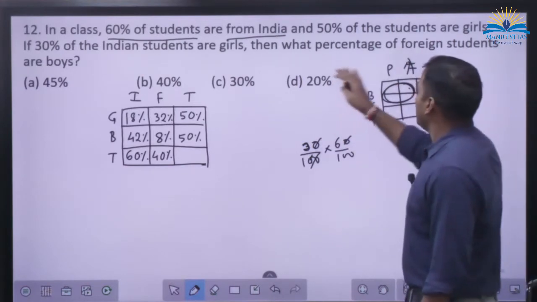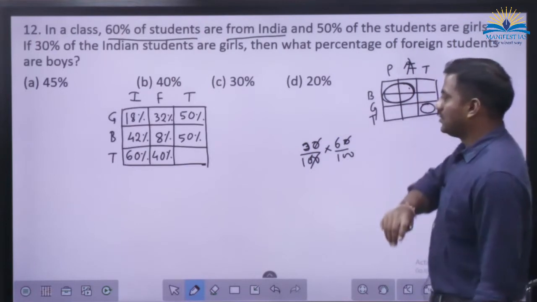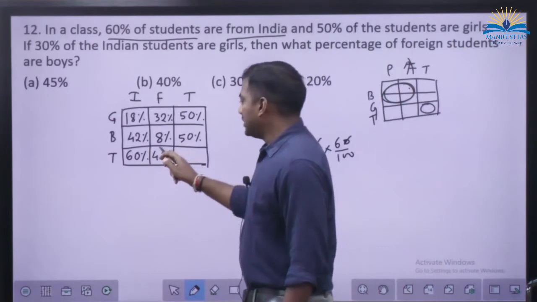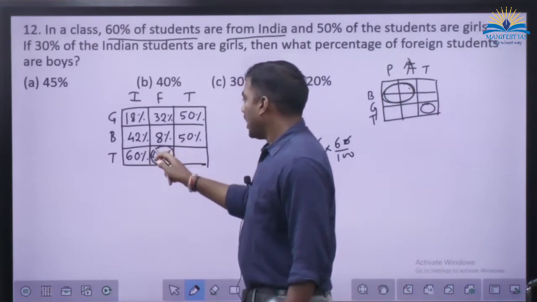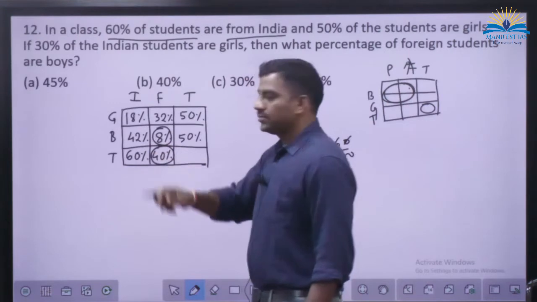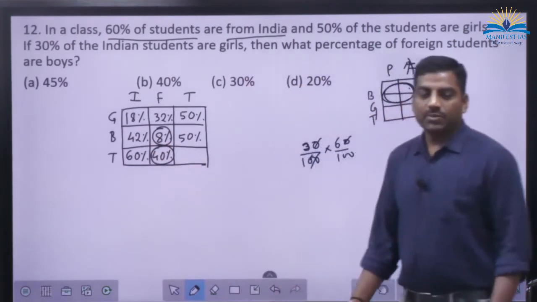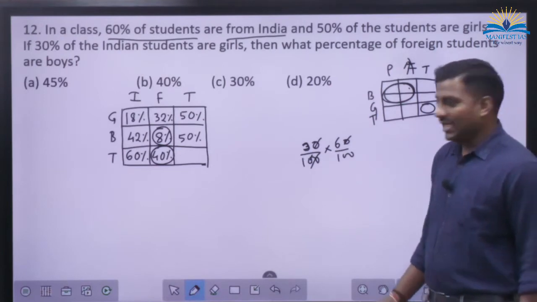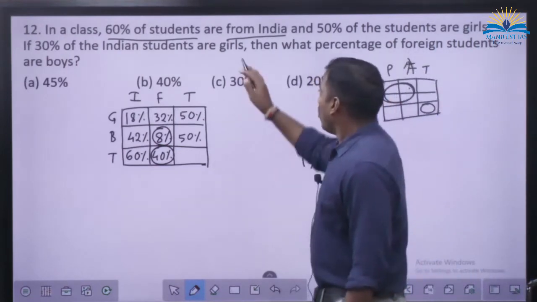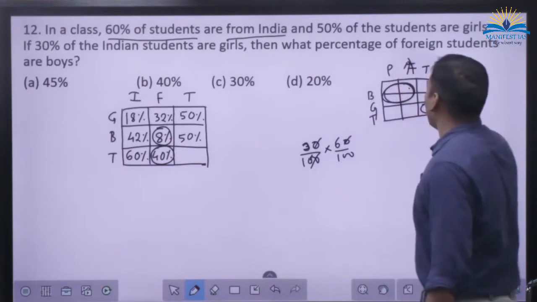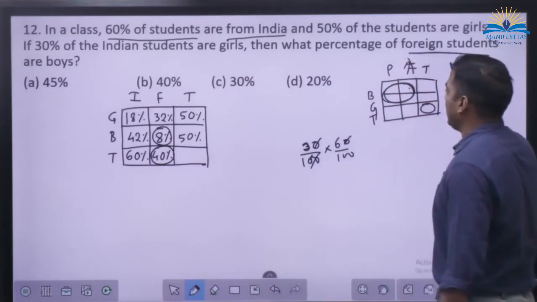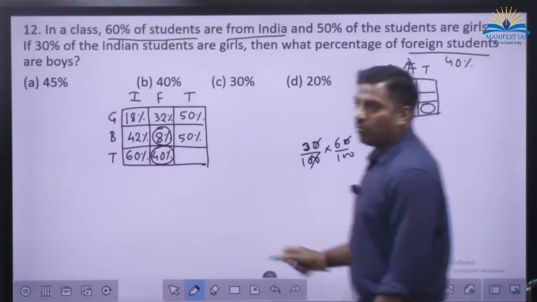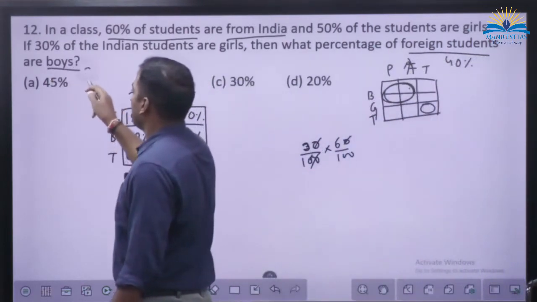Now tell, then what percentage of the foreign students are boys? 8% of 40%. They are asking what percentage of foreign students? Foreign students are how many? Totally 40%. In that, boys are how many? 8%.